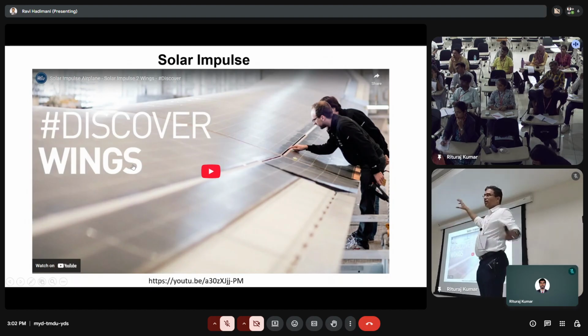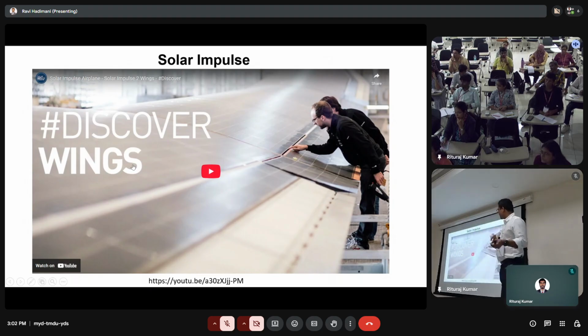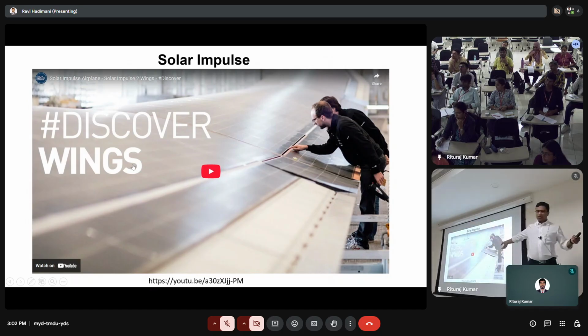If you make them out of any metal or any other material, they're going to collapse under their own weight. They have to be made out of a composite material. And I read somewhere that even the propellers used for the motors in the Solar Impulse were composite.